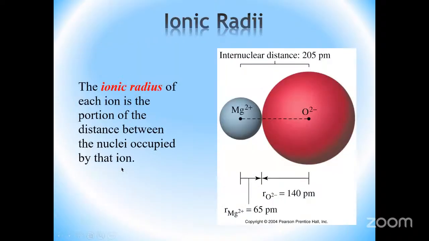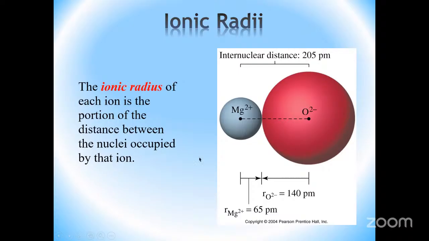Now we're going to talk about the size of ions. Just as we defined the atomic radius for metals and molecules, we have to do the same thing for ions. So let's define the ionic radius, which is the portion of the distance between the nuclei occupied by that ion.